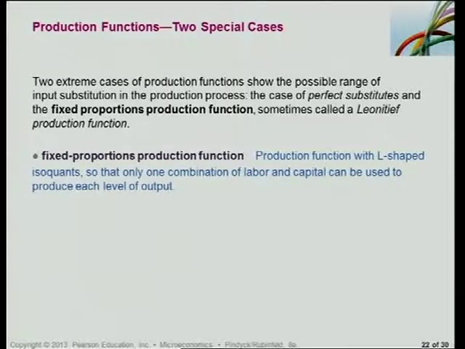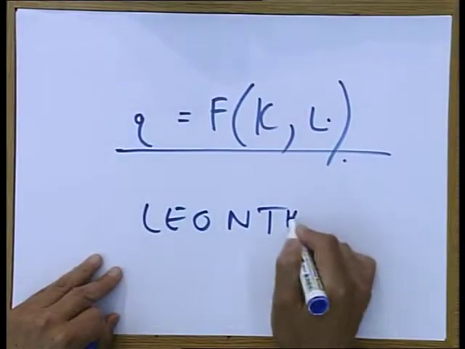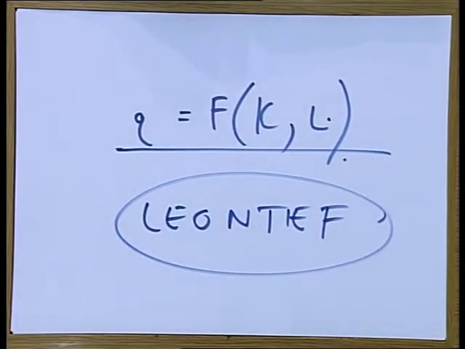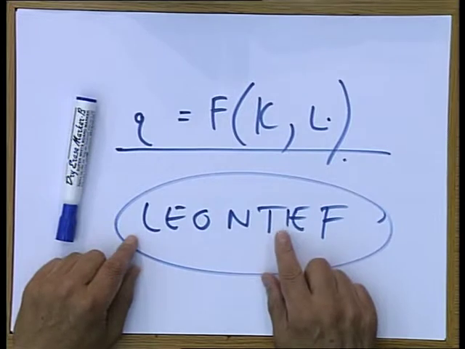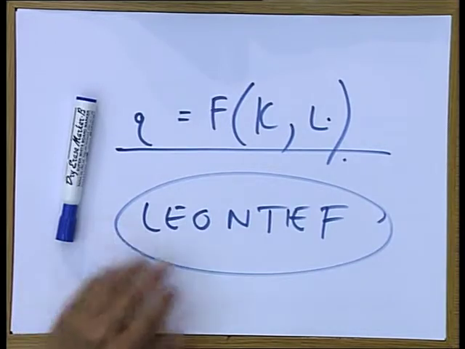The fixed proportion production function is also called the Leontief production function. So just take note of this. So these are the two production functions.